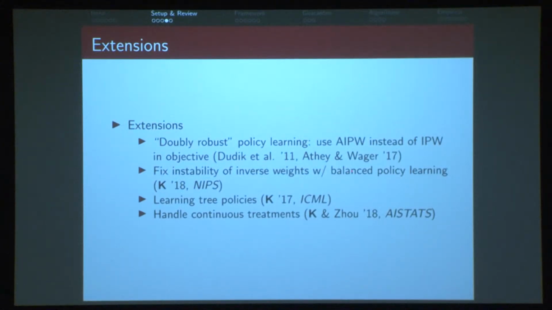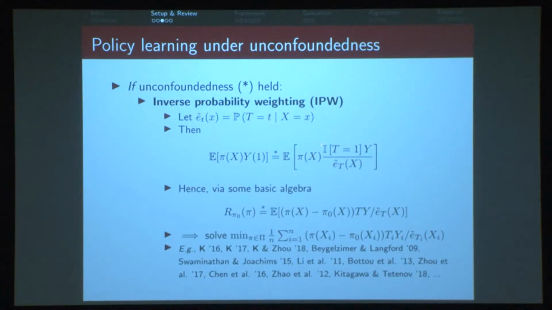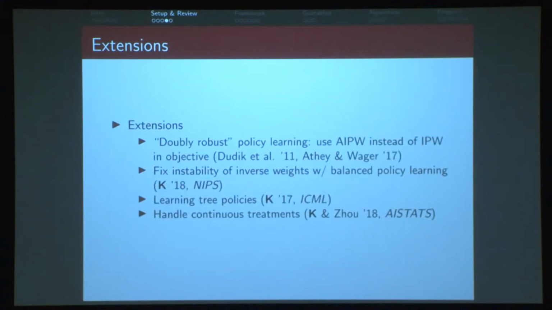So I've looked instead at how to use optimal balancing, where we optimize the error instead of just plugging in estimates. I've looked at how to learn tree or forest or optimal tree policies in this kind of situation. And I've looked at how to handle continuous treatments. This derivation relied very strongly on there being just 2 treatments. So it's a question what to do when you have continuous treatments.